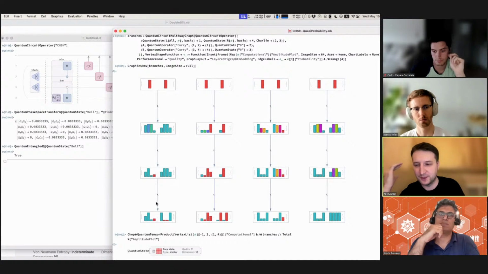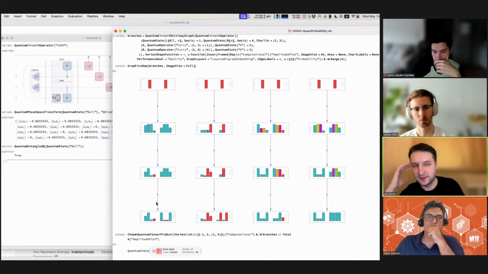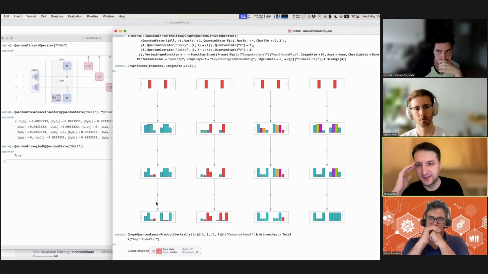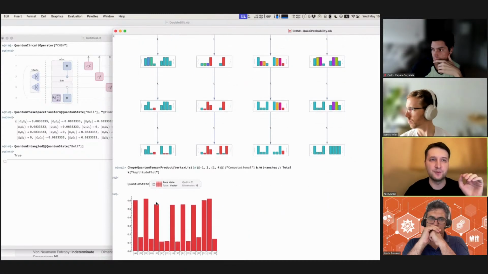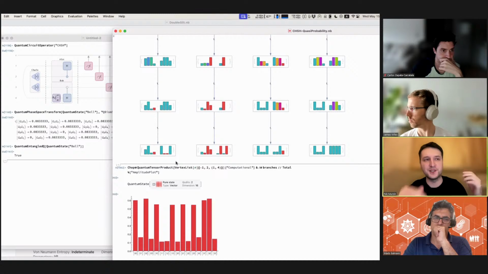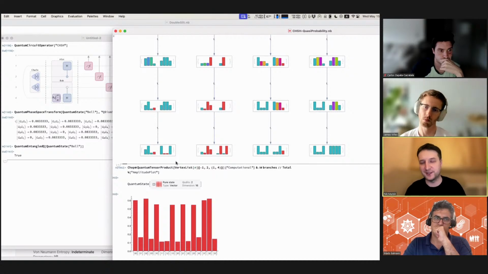But what happens in this picture is that sometimes locally, even locally, Alice can introduce negative probabilities within each branch. All those negative probabilities disappear only when you consider all of the branches together. And that's the most important thing that has to be explained, and I have the most trouble explaining it currently.